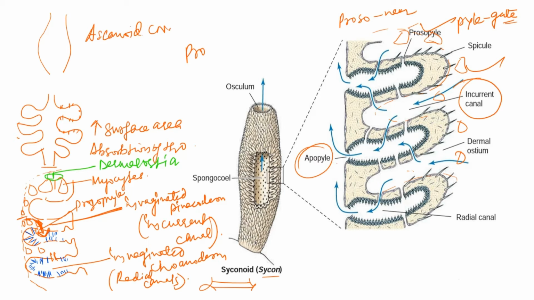So more absorption of water will be there, and after the water has given up nutrition and received the waste material, it is going to go into the apopyle. This opening right here is the apopyle, which is away from the gate, or body wall. Apo means away, pyle means gate. This is your apopyle.